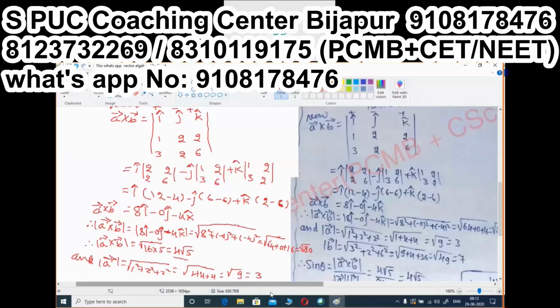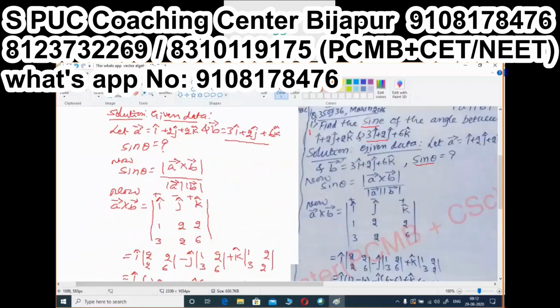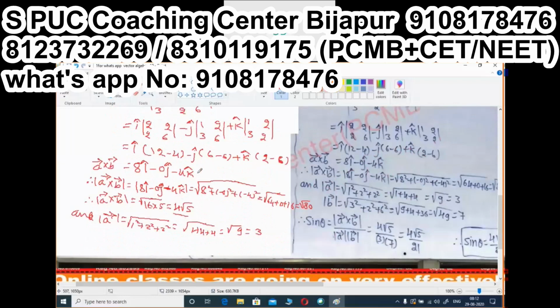So tell me about the modulus of b vector, that is there as 3i cap plus 2j cap plus 6k cap. The modulus of b is root of 3 square plus 2 square plus 6 square. It is going to come out as 9 plus 4 plus 36, which is root 49.